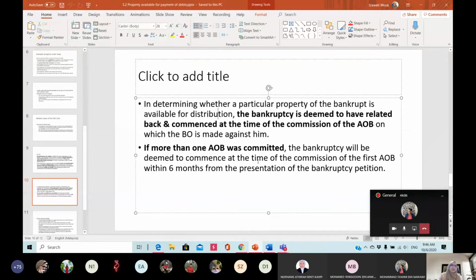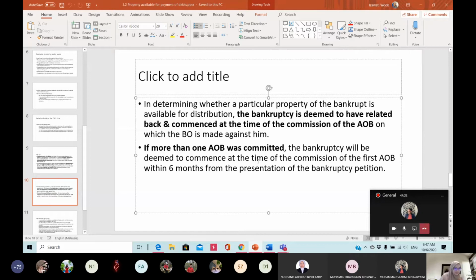That is why, when people are bankrupt, they usually have no property left, because they start early, when they know they cannot pay their debts, all the property they have, their house, their land, everything, they transfer. So to avoid this situation, the law puts a cut-off date, that is within 6 months from the presentation of the bankruptcy petition, those properties will vest in the DJI as well.